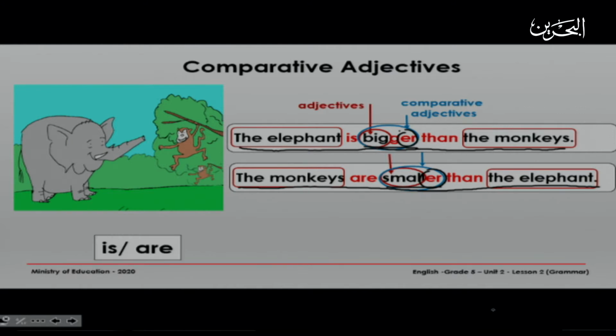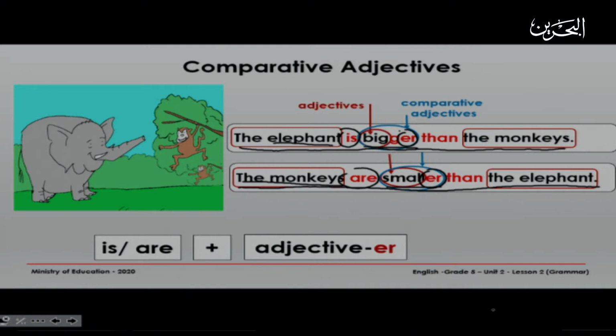To write a sentence, the rule is you have to use is or are. Look at this example. Because we have only one elephant, we used is. Here, because we are talking about the monkeys, more than one monkey, so we used are. The second thing, you have to add the adjective to describe.